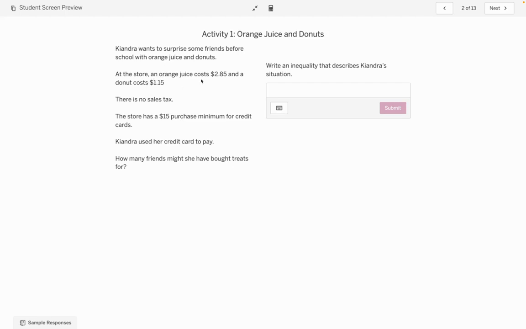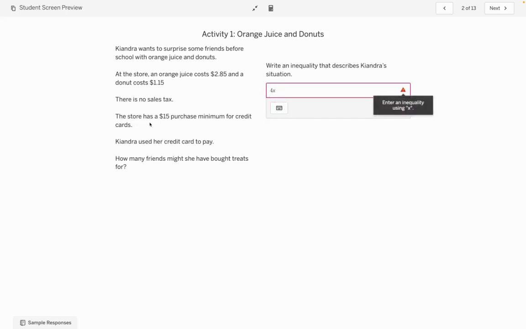So when we think about this, we're buying orange juice and we're buying a donut for each person. So we actually have to combine these together. If you did $2.85 plus $1.15, you would end up with $4. And that means for each person, there's going to be $4 spent, and x is the number of people.